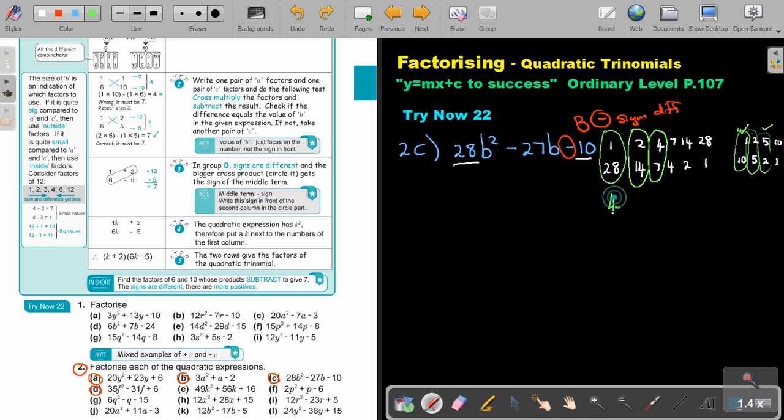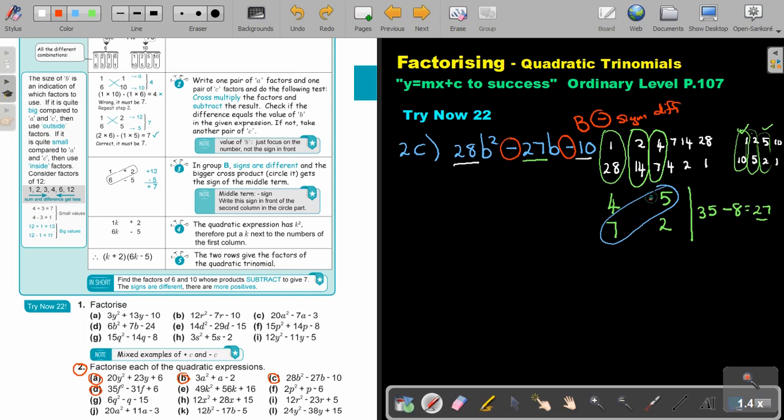So it's going to be 4 and 7, 5 and 2. So let's look. 7 times 5 is 35, 4 times 2 is 8. And if I say 35 minus 8, that gives me that 27. Do you see? And then the signs will be different. So if the signs are different, I must make the biggest cross product this one, and the sign will be the sign of the middle.